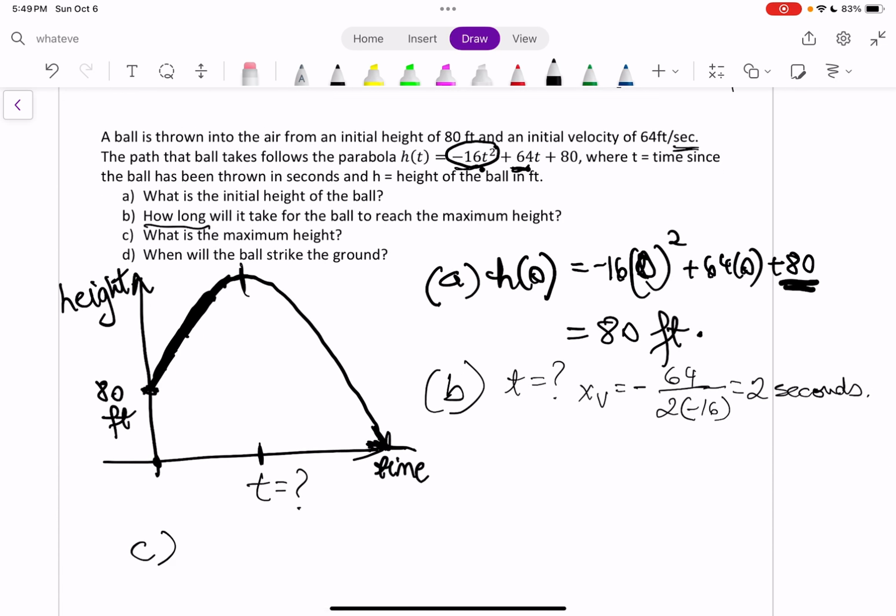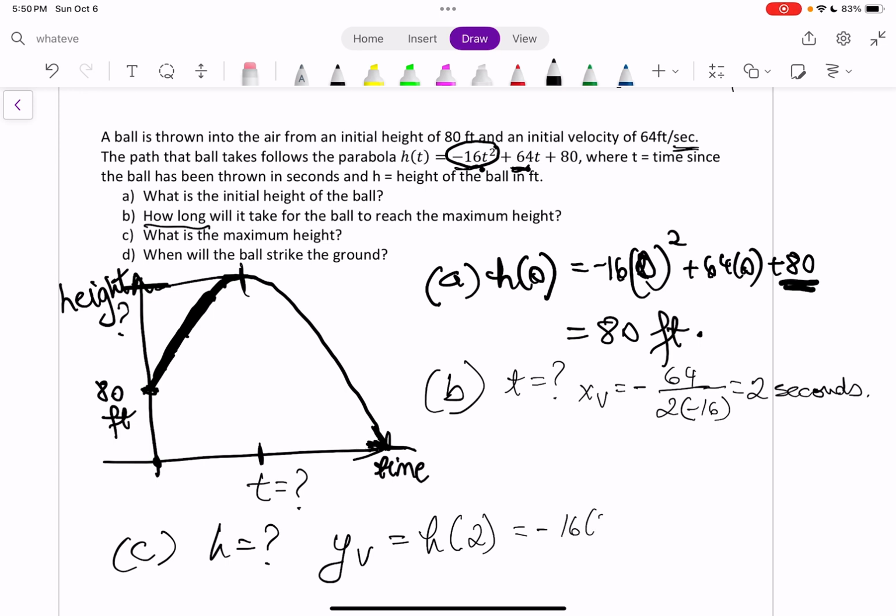The next question is, what is that maximum height? So in other words, what is the y coordinate of the vertex, right? So the height is the y for this problem. So again, to find the y for any x, we just have to plug that into the function. So I'm going to plug in 2 into the function above.